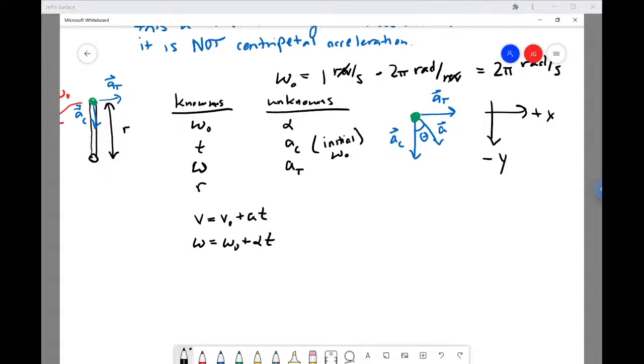So you can take the things that you know up here, plug them in down here, and find alpha. So you can find alpha using the kinematic equation.